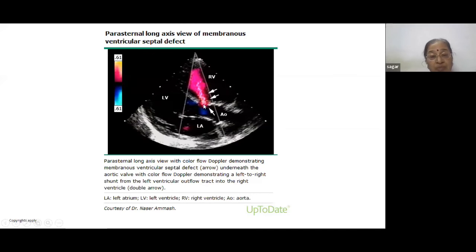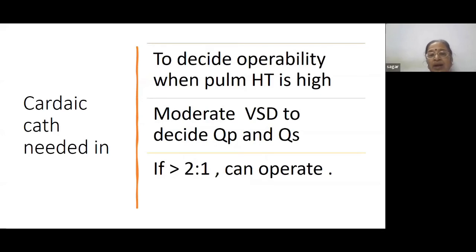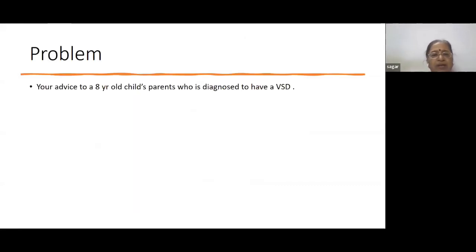Sometimes you have to do a TEE, especially if there are high VSDs which are not really made out on your transthoracic echo. Now, cardiac cath in a VSD is needed only to decide operability, when pulmonary hypertension is high, or when you want to quantify the pulmonary to systemic circulation, how much is the volume. Otherwise, it may not be needed.